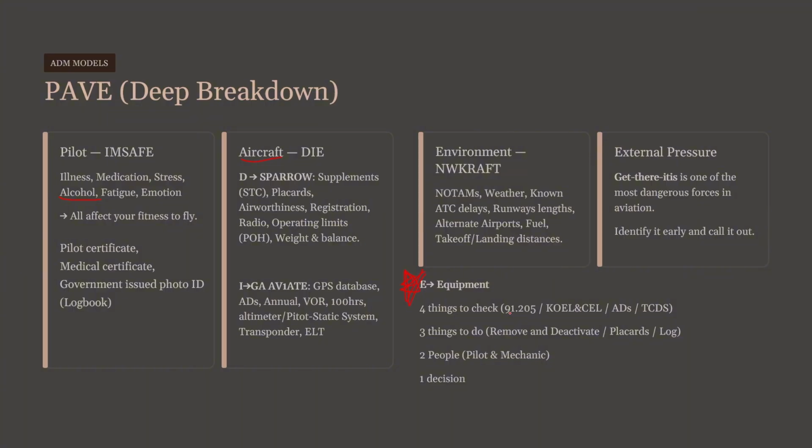If an MEL is available, I would follow the MEL procedures because it provides specific guidance on what can be inoperative and under what conditions. But if there's no MEL, which is common for most general aviation aircraft, I would follow the process outlined in 91.213.